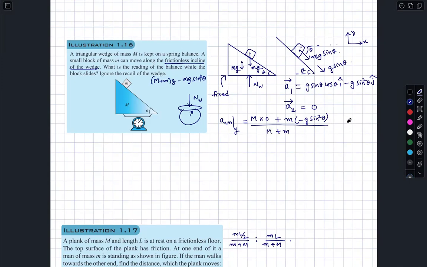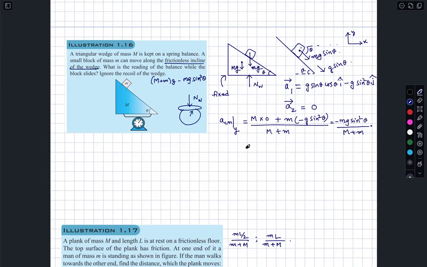Therefore, the y component of the acceleration of center of mass is minus mg sine square theta by capital M plus small m. That's the deal.